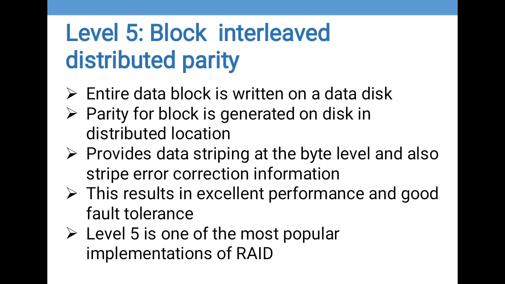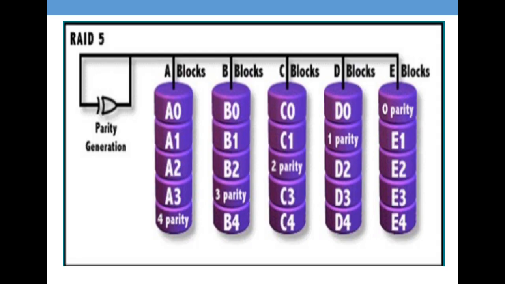It provides data striping at the byte level and also stripes error correction information. This results in excellent performance and good fault tolerance. Level 5 is one of the most popular implementations of RAID levels. As shown in the diagram, each disk consists of a parity bit.